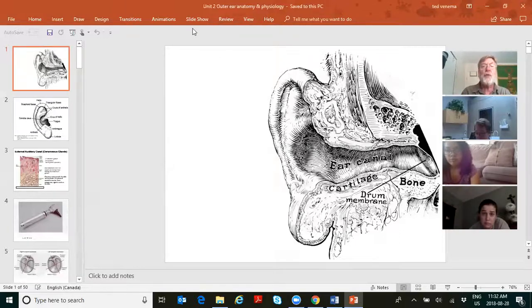And by the way, when you are looking in someone's ear, as you will as HISs, you will often pull the outer ear up and back, up and back. When you do so, you straighten out the ear canal so you can see all the way into the drum.